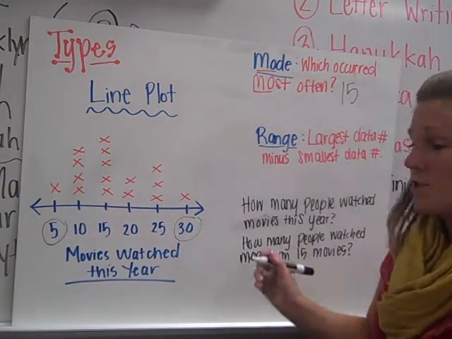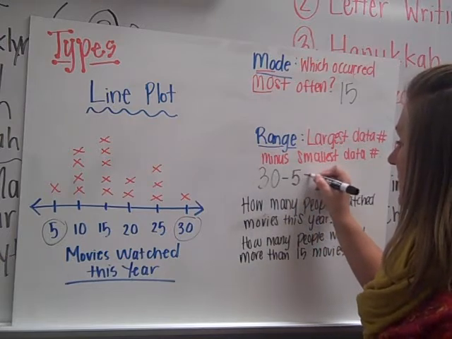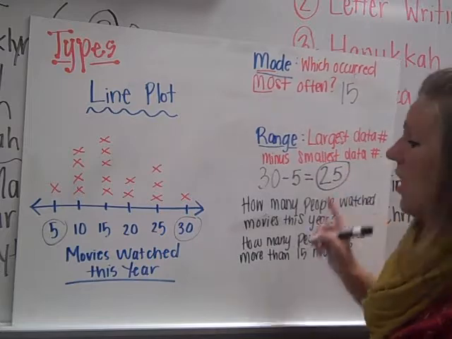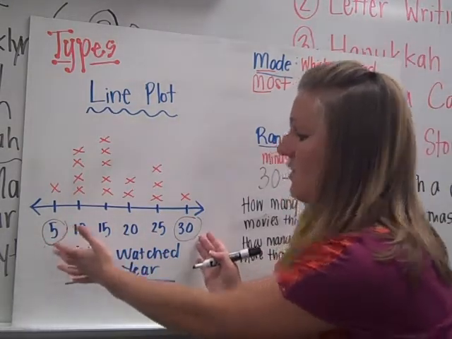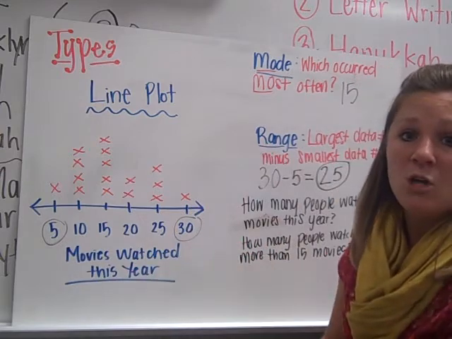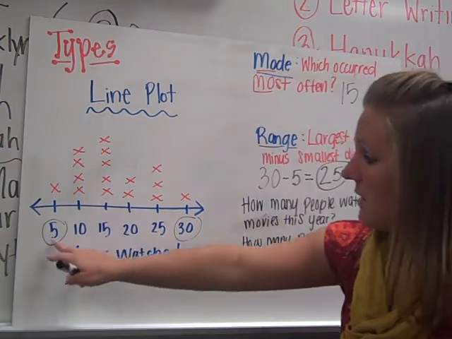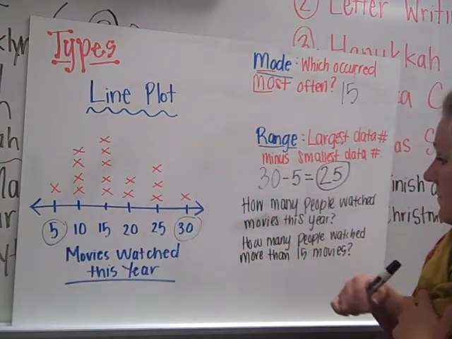All I'm going to do is subtract the two. So I'm going to say 30 movies minus 5 movies gives me a range of 25 movies. All this means is that between 5 and 30, there were 25 movies total that someone could have watched. So largest data number minus the smallest gives you the range of data you're looking at.